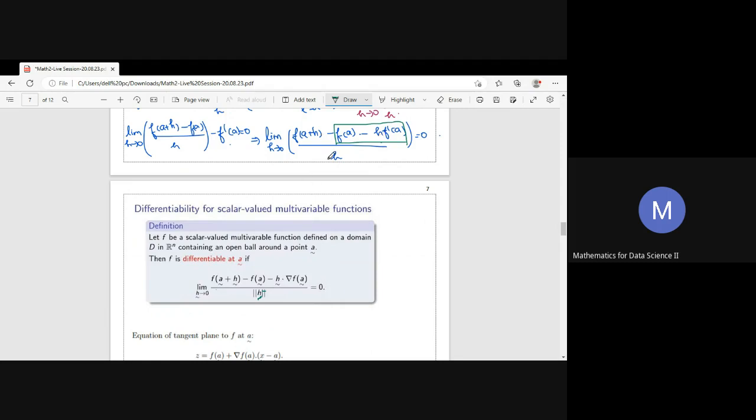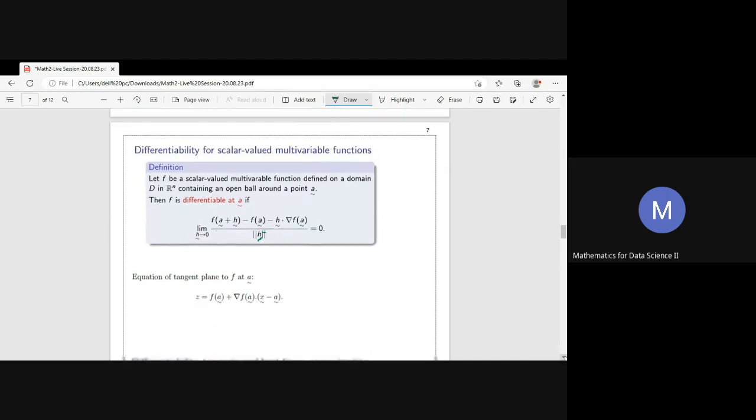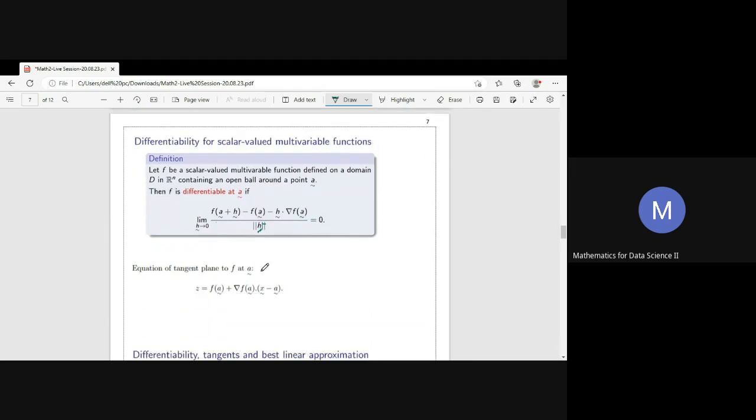So with this relation, they have given the definition of differentiability for a scalar valued multivariable function. If you recall, the equation of a tangent plane to f at a tilde is given by z equal to f of a plus del f of a tilde into x tilde minus a tilde, which is mimicking this expression, where h tilde is replaced with x tilde minus a tilde.